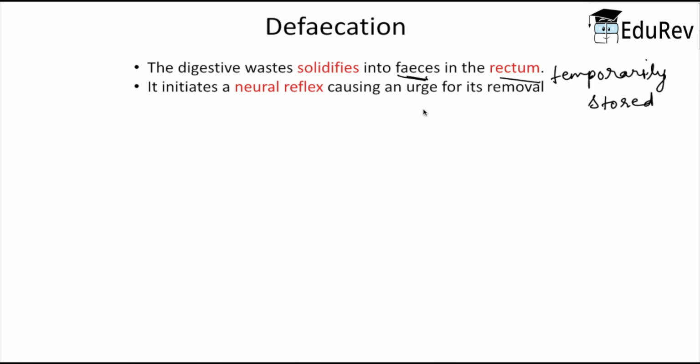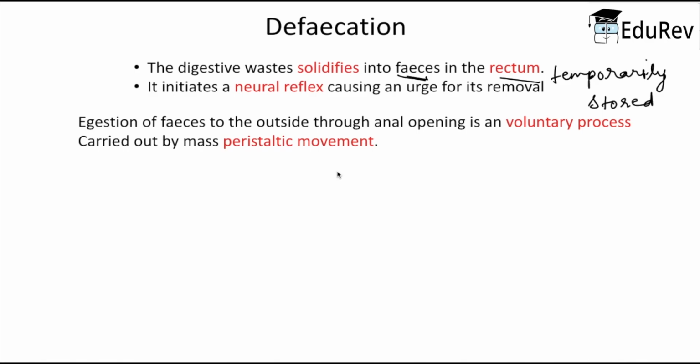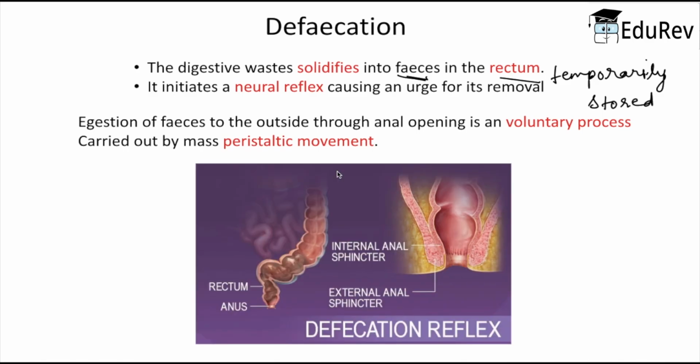Now, for the removal of this feces, there is an initiation of a neural reflex which causes the urge for its removal from the body. So here, the egestion of feces is through the anal opening. Here you see the anal opening from where the defecation process happens, meaning the removal of the solidified feces.